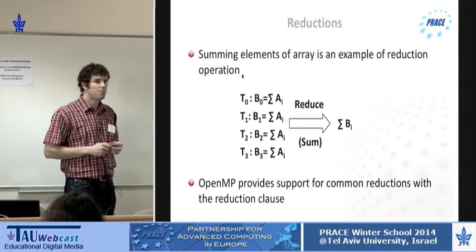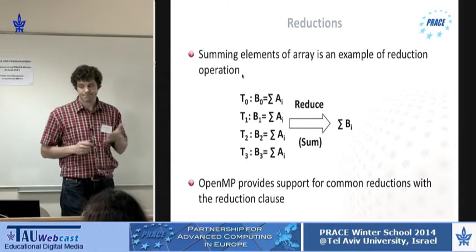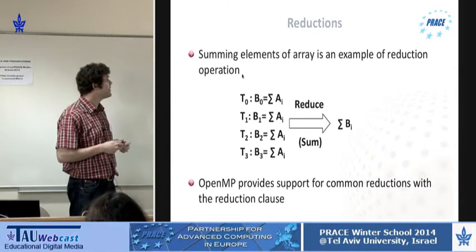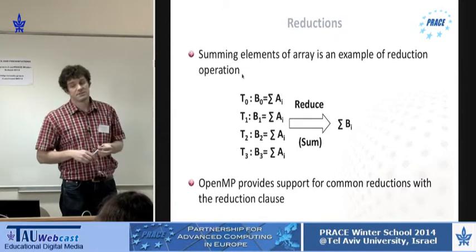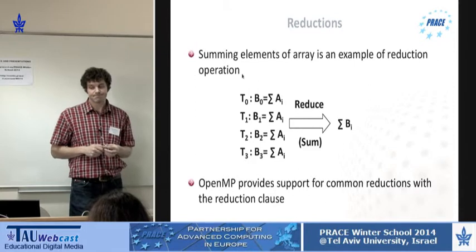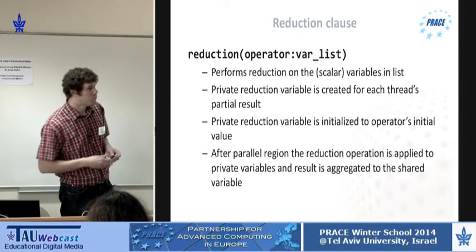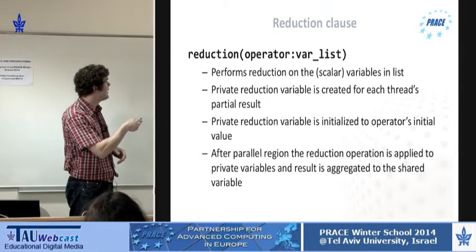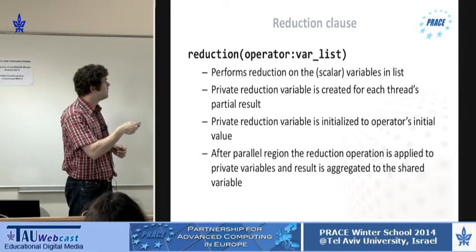These types of operations are so common that for this kind of reductions, OpenMP directly provides a way to deal with that. The way to do that is to use the reduction clause, where we can put a different operator.